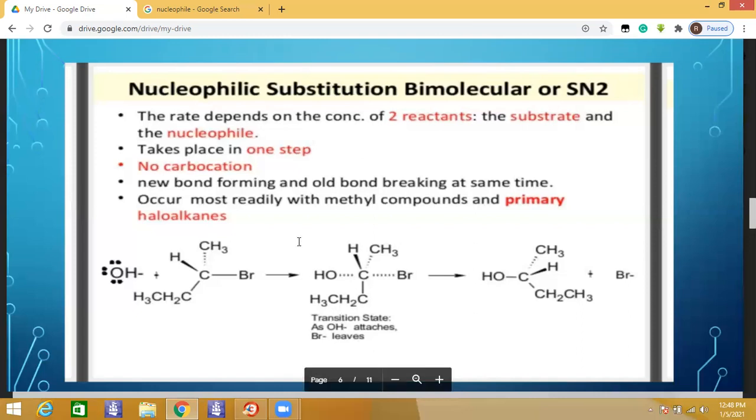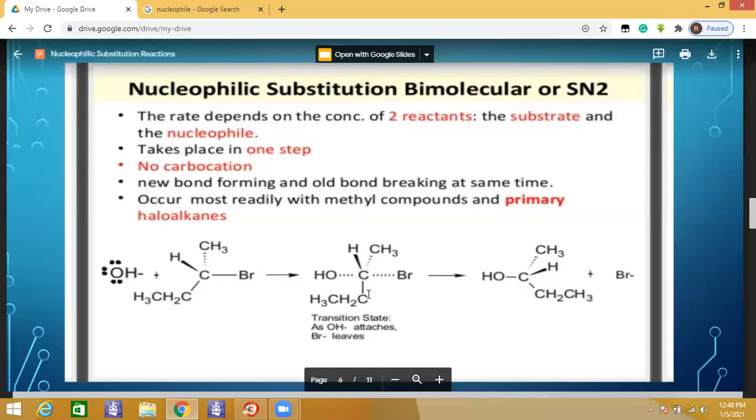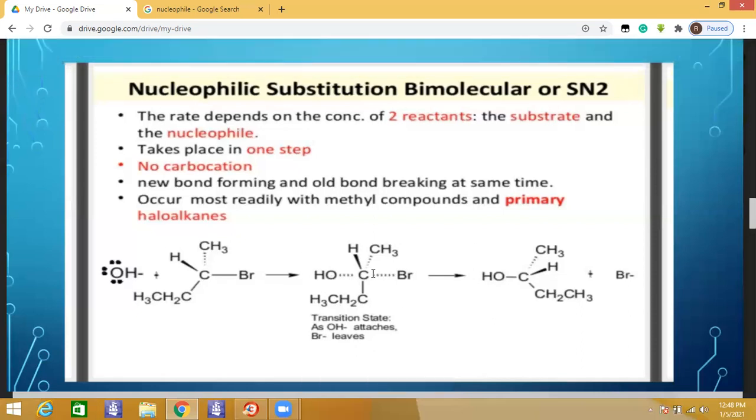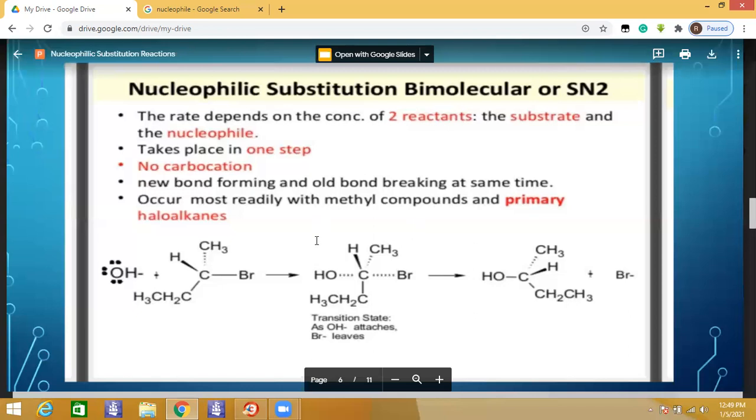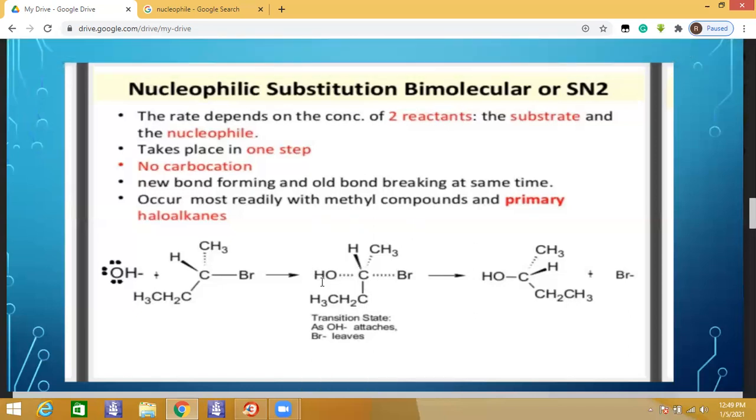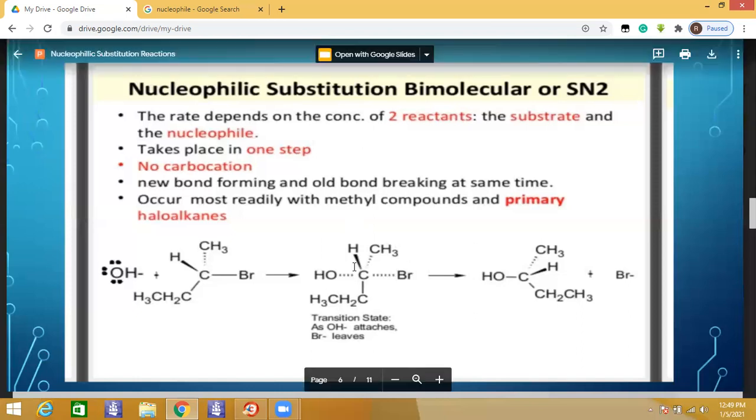in which it possesses the maximum energy, and where one bond is in formation and the other bond is in cleavage. So simultaneously a state is reached between the reactant and the product, and this state is known as the transition state or activated complex because it possesses maximum energy.